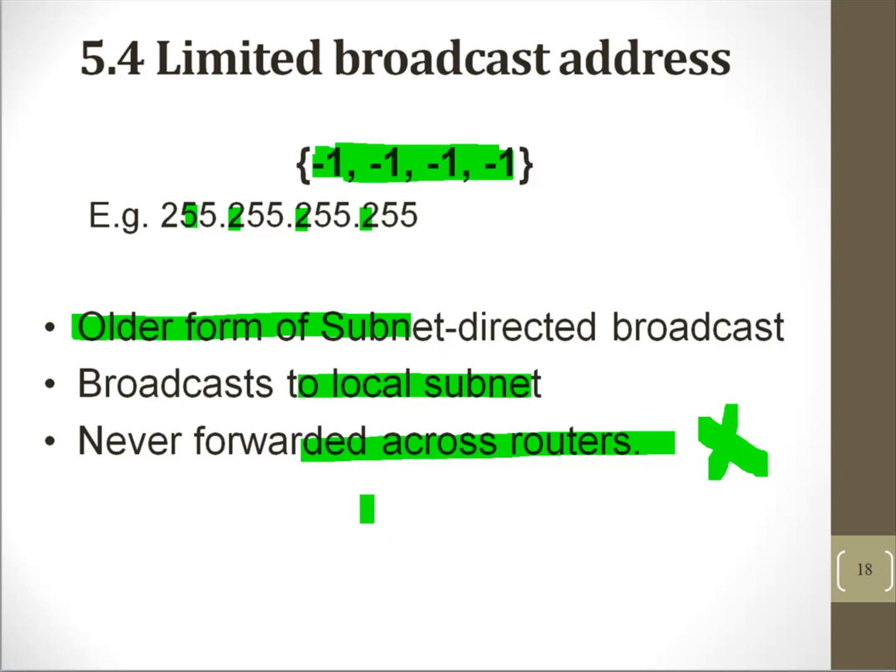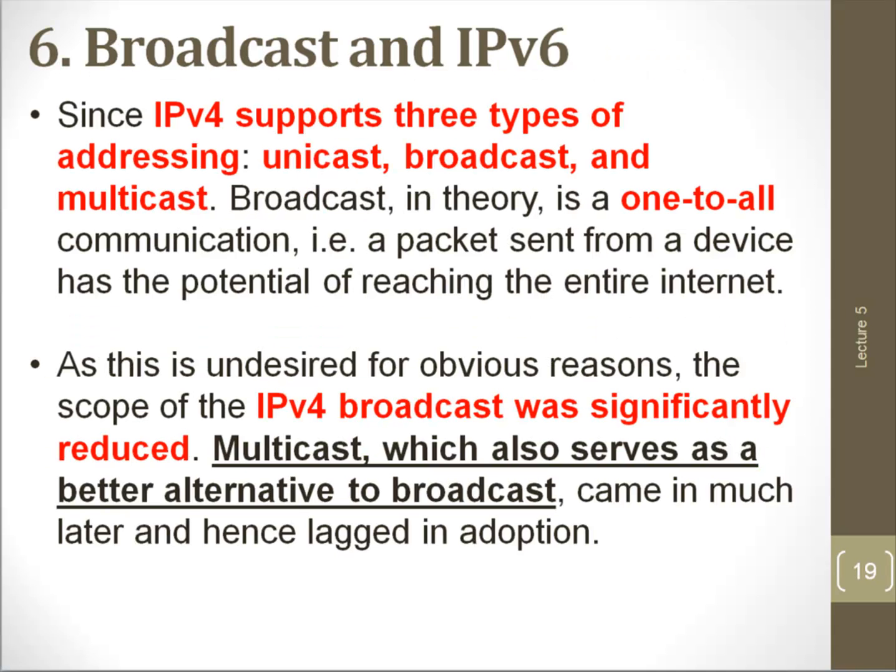So we discussed four different types of broadcast addresses. Now moving on to the next concept, broadcast in IPv6. In IPv6, the broadcast concept has been completely removed. Instead, they use multicast for most applications.